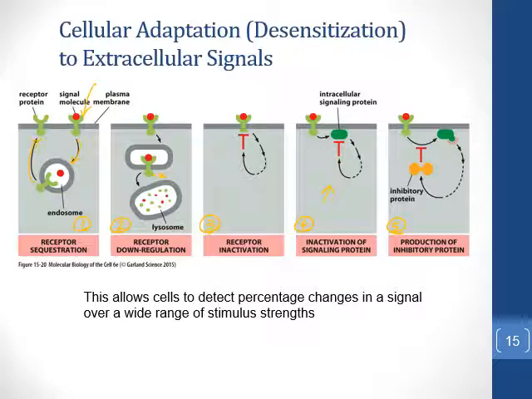So this allows cells to detect percentage changes in a signal over a wide range of stimulus strengths. Okay, in other words, no matter what your stimulus strength is, we can detect small percentage changes. Again, this is the light switch analogy.